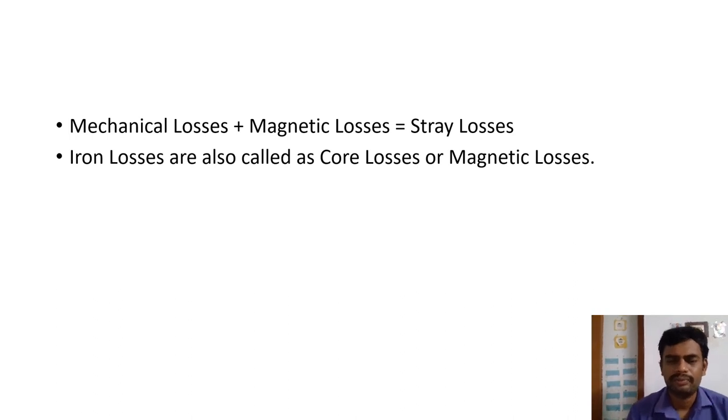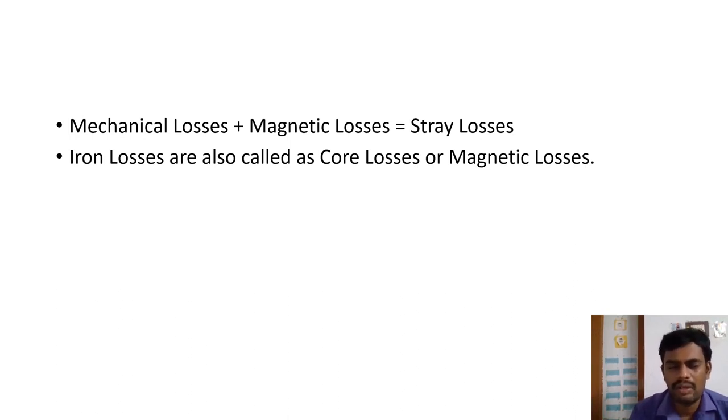To summarize what we have learned till now, the losses which are occurring in a DC machine are iron losses, copper losses, and frictional or rotational losses. Copper losses: as we have copper materials, we will be having armature copper loss, shunt field copper loss, series field copper loss, and the loss that occurs at the brush contact drop.